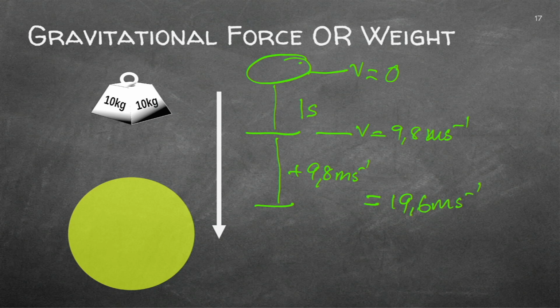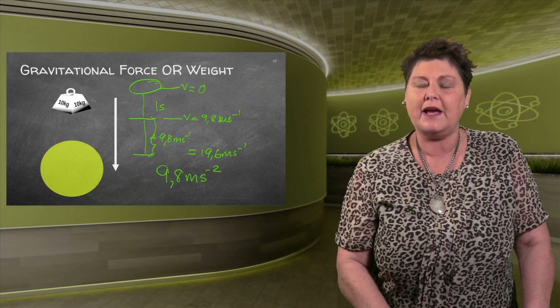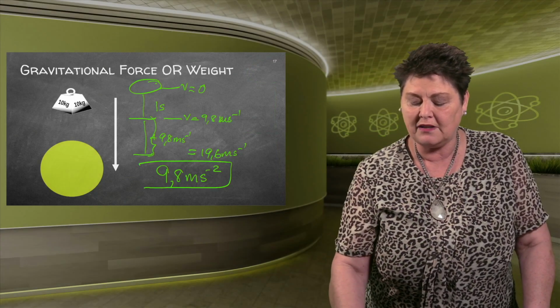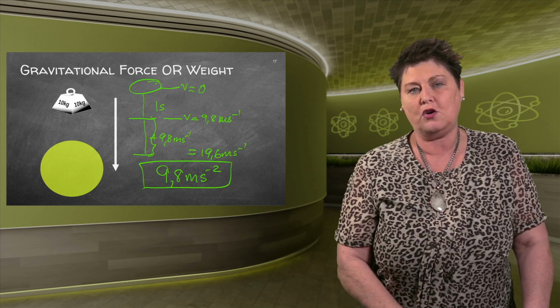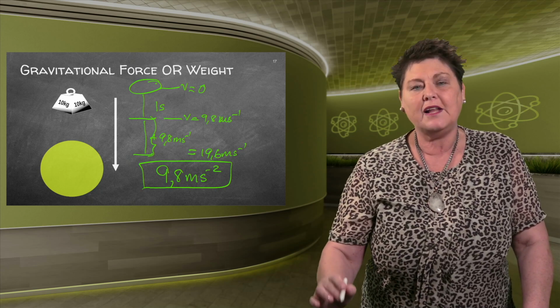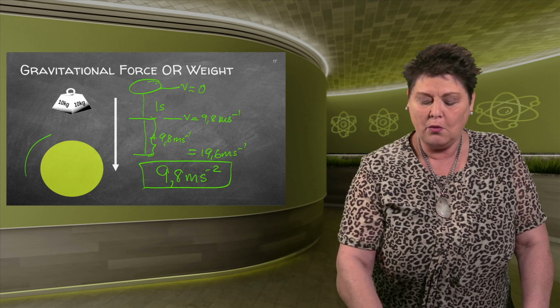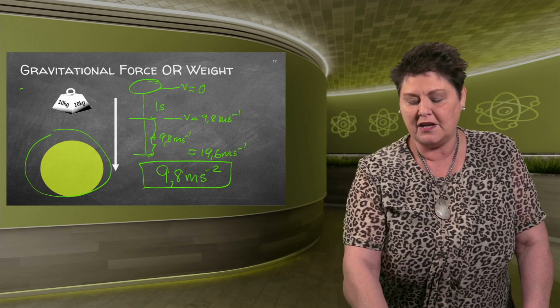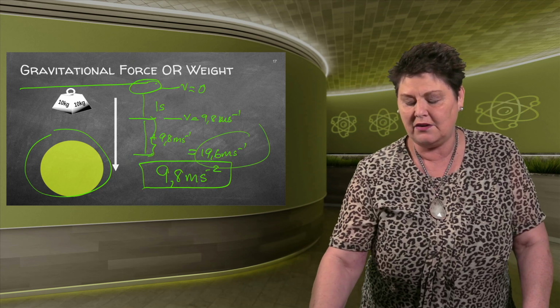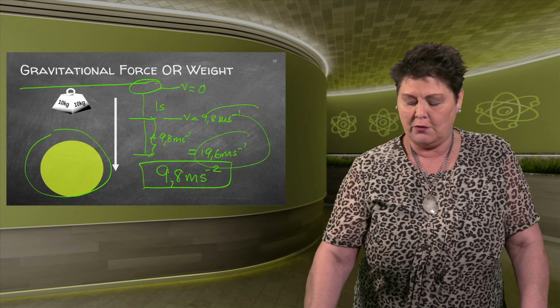So in every second, it is accelerating with 9.8 meters per second squared. And Newton did that. We can do that in a laboratory as well. We don't have to do that anymore. We just use this as a constant. Bear in mind that you'll do all the calculations where Earth is with gravitational force with this acceleration. So make sure that you know.